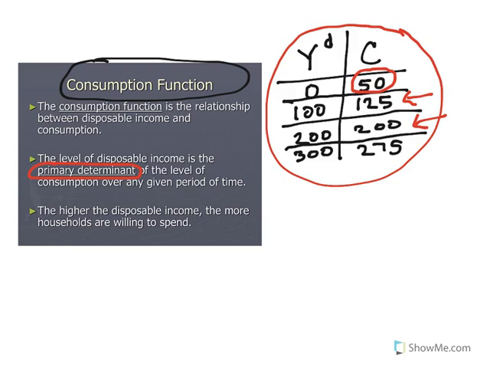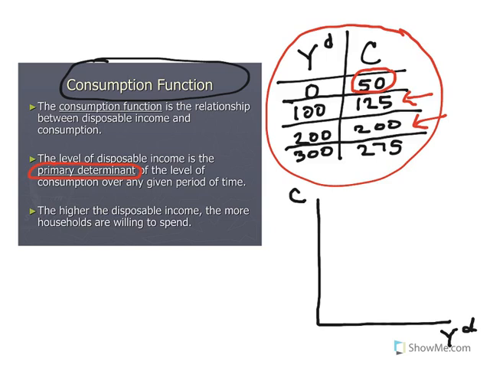And then, of course, what we normally do with that information is graph the consumption function. That's what I'll do right down here. What we have over here on this axis is consumption, and on this axis is disposable income, and we want to look at the relationship between consumption and disposable income.